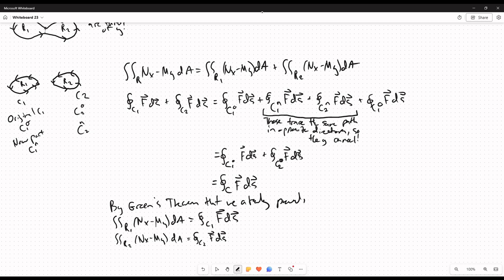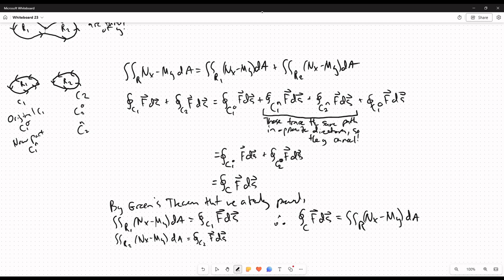Since we showed that when you add up R1 and R2, you get the integral over R, and when you add up the integrals over C1 and C2, you get the integral over C, we therefore get that the integral over C of F dot ds equals the double integral over R of N_x minus M_y dA.